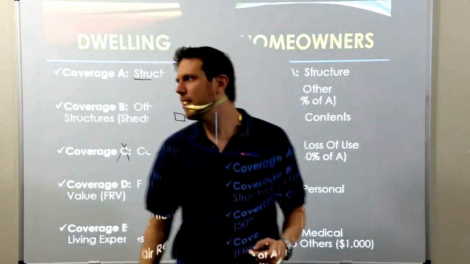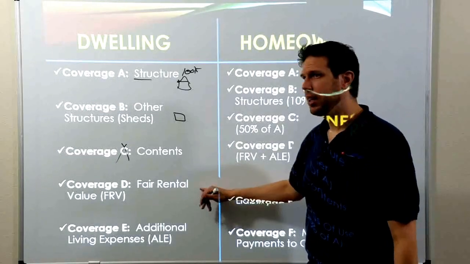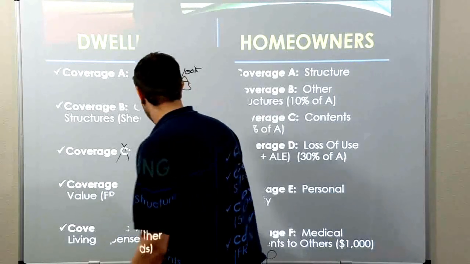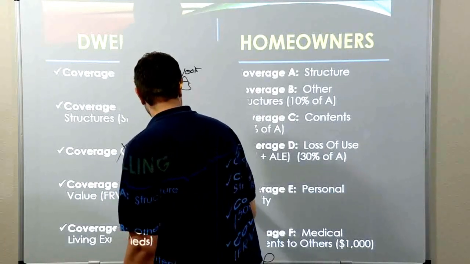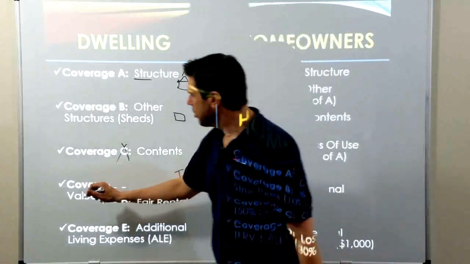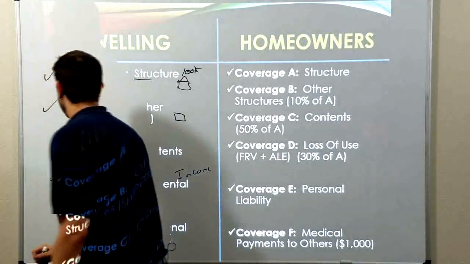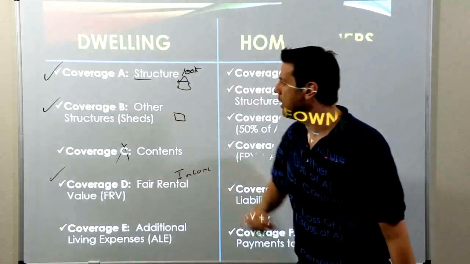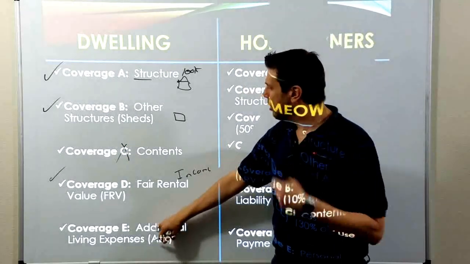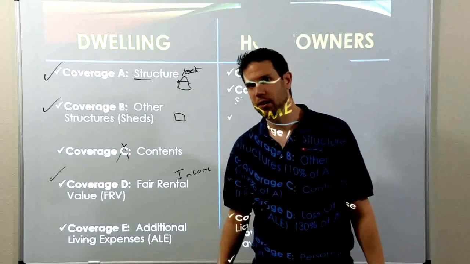If it's a house I'm renting out to other people, I do want coverage D, because if the rental house burns down, I want my income, my fair rental value. So I'd definitely buy coverage D, since I have a shed, since I have the house. So I got A, B, and D. No coverage C. Now, if my rental house burns down, do I need to be put up in a hotel?